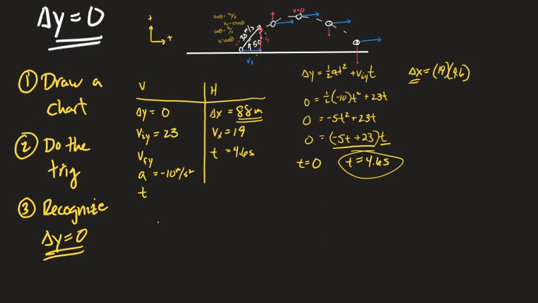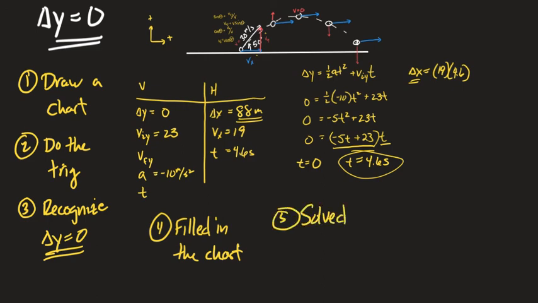Right? We then filled in our chart. All right, looked at the up and down parts, looked at the side to side parts. We solved for the time. In this case, there was 2 of them.